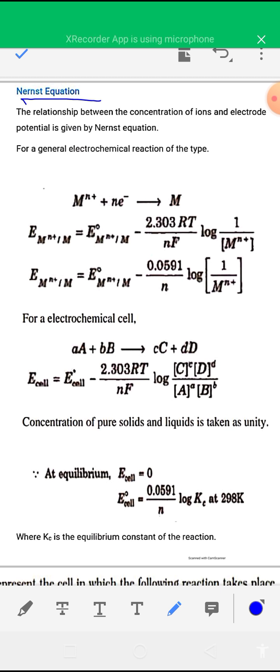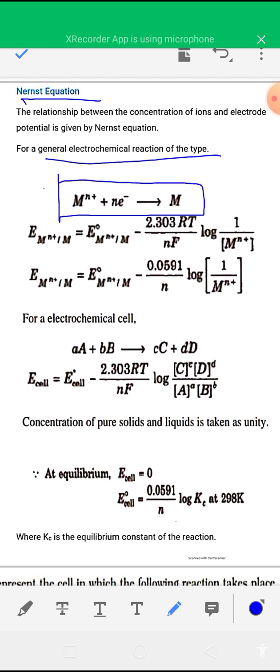For a general electrochemical reaction, M^n+ + ne- → M, this is a reduction reaction. The M^n+ ion accepts n electrons and becomes a neutral M atom. For this reaction, the EMF can be represented.